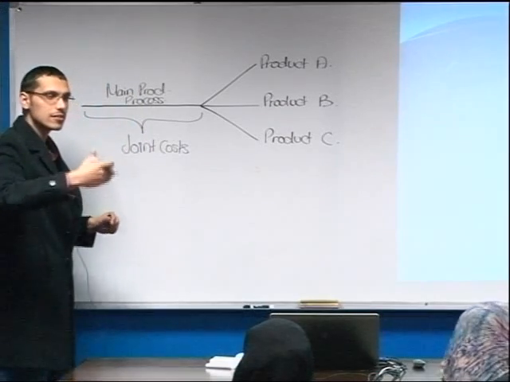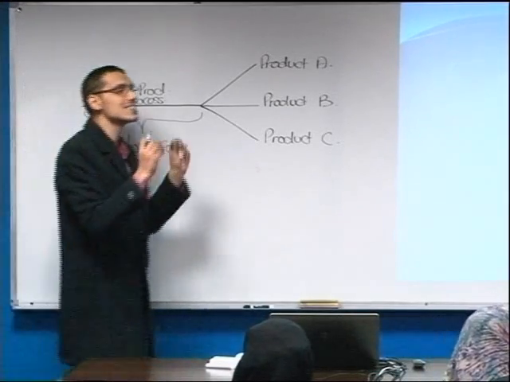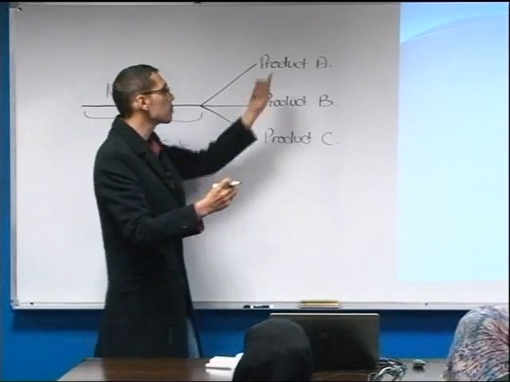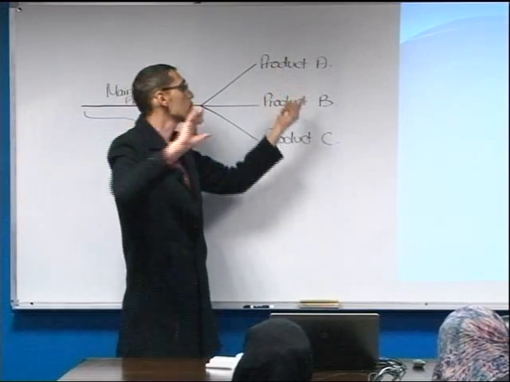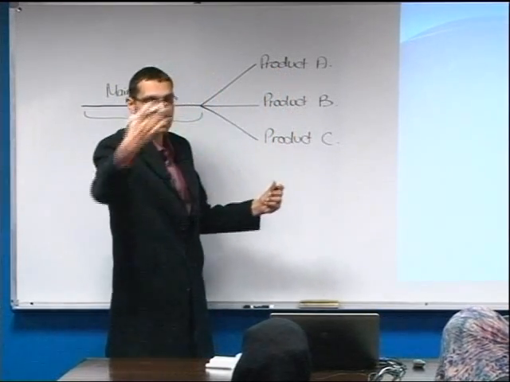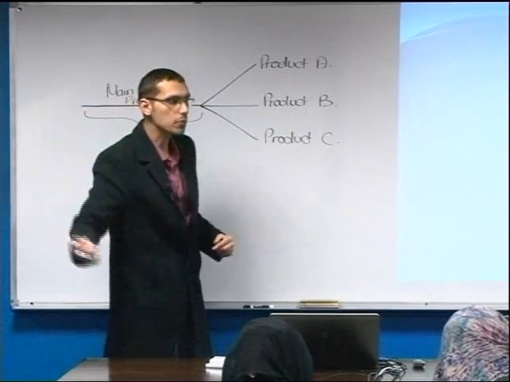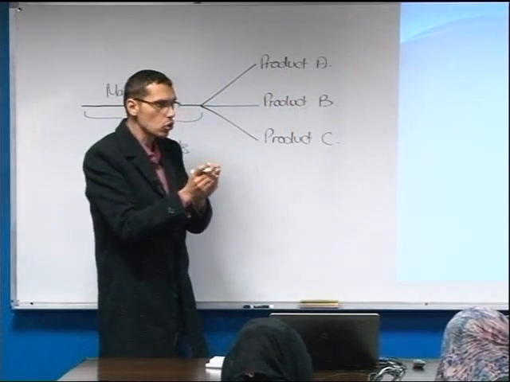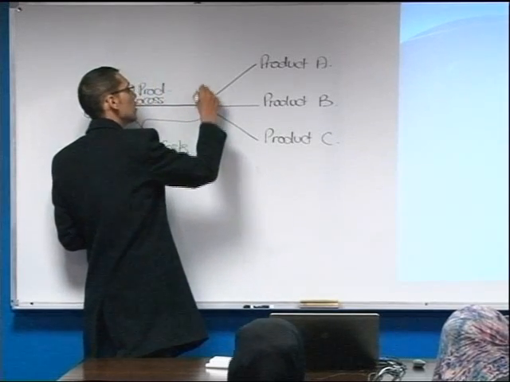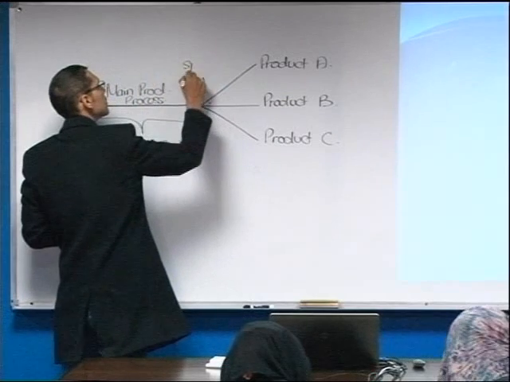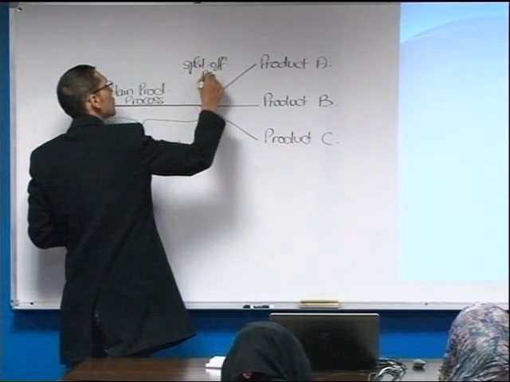This continues until a point where we can separately identify product A as a separate product, product B as another separate product, and product C as another separate product. This point is called the split-off point.